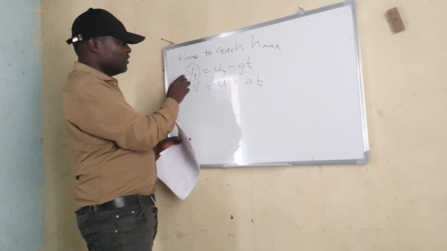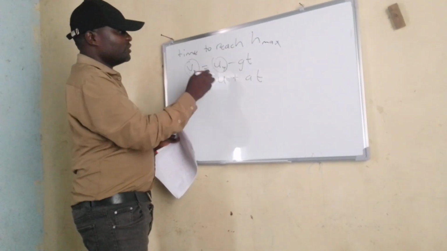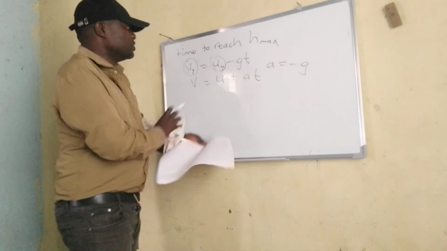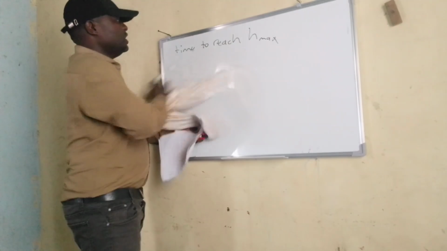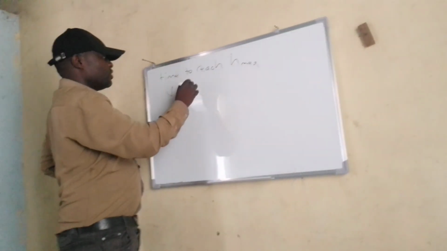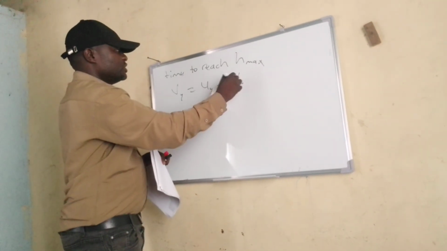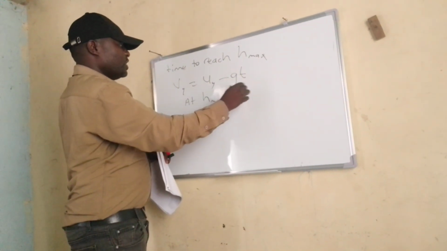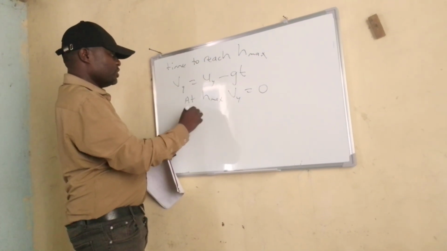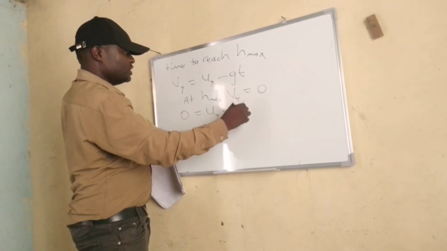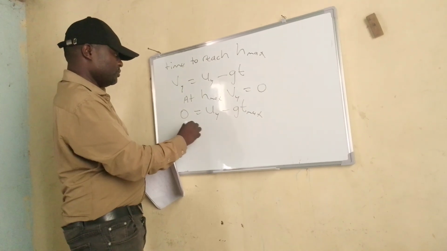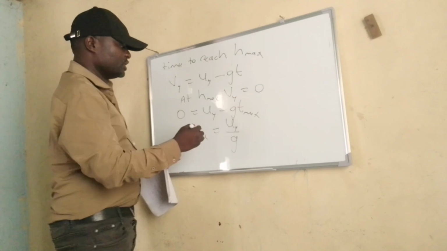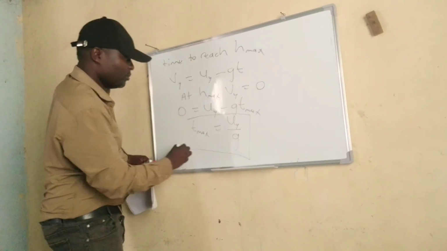Vy is the final vertical velocity, ui is the initial vertical velocity, and a is equal to minus g. So at h max, Vy is equal to 0. We'll have 0 is equal to ui minus g t max. So t max is going to be equal to ui over g. This is the time to reach maximum height.